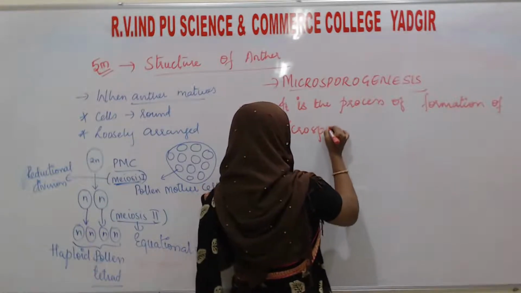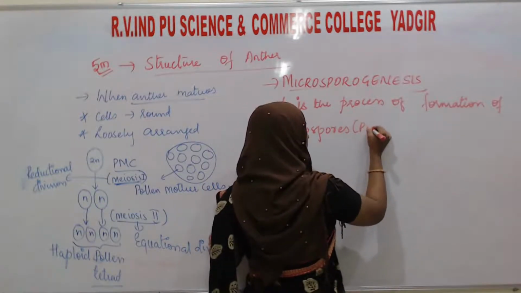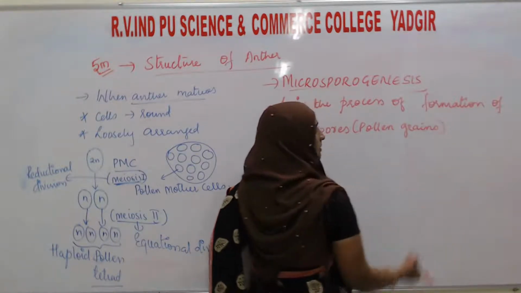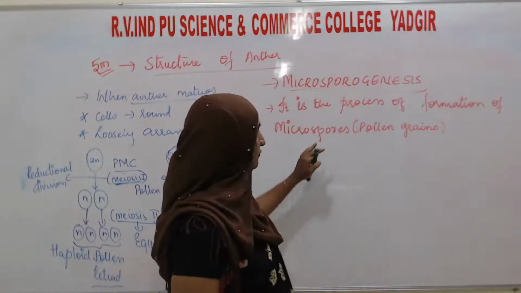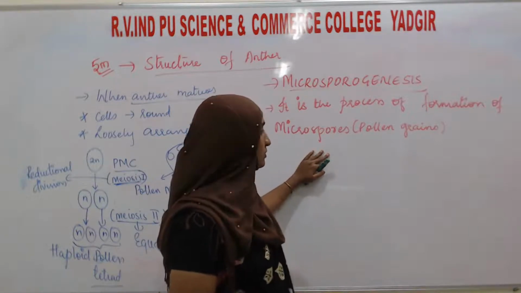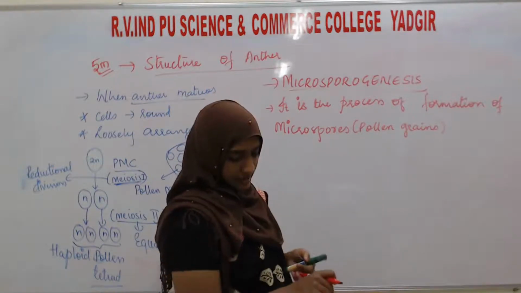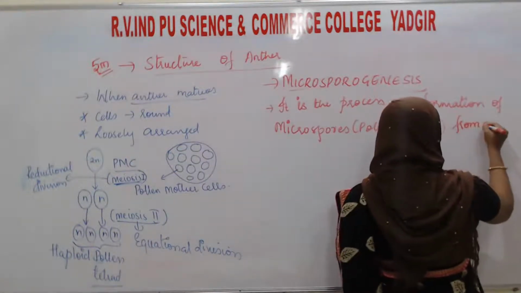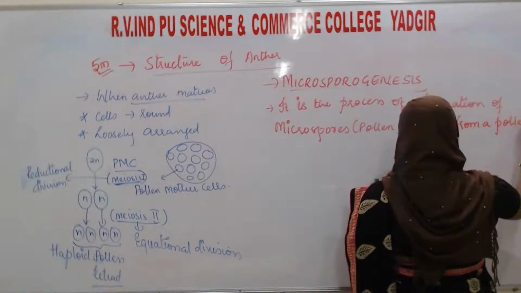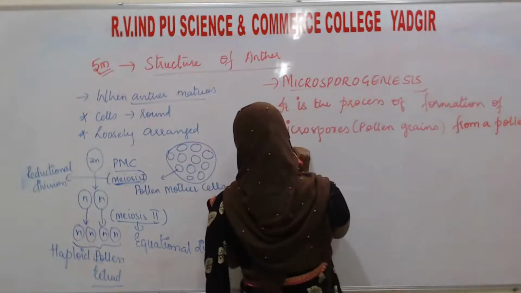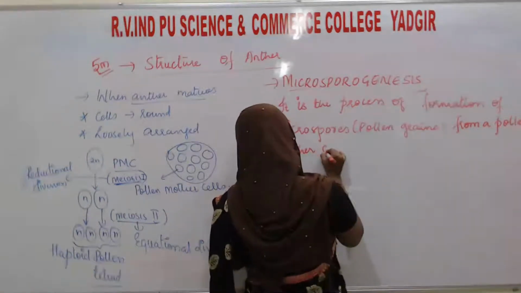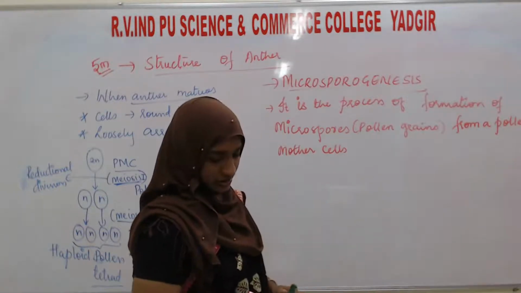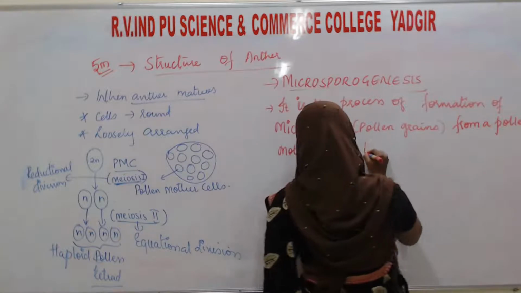Here, the microspores means the pollen grains. It is the process of formation of microspores, that is the pollen grains, from a pollen mother cell, through a division that is known as meiosis.